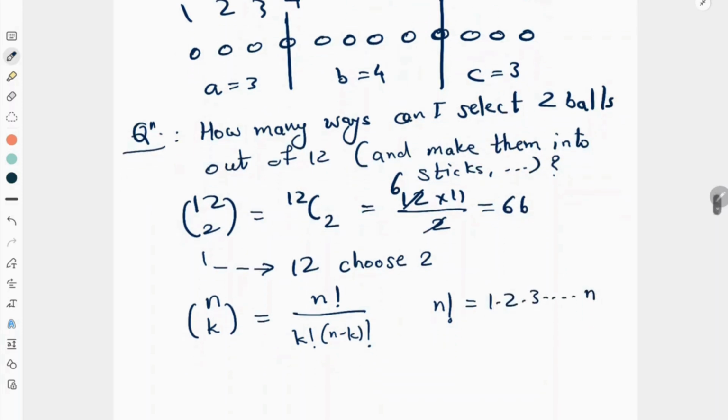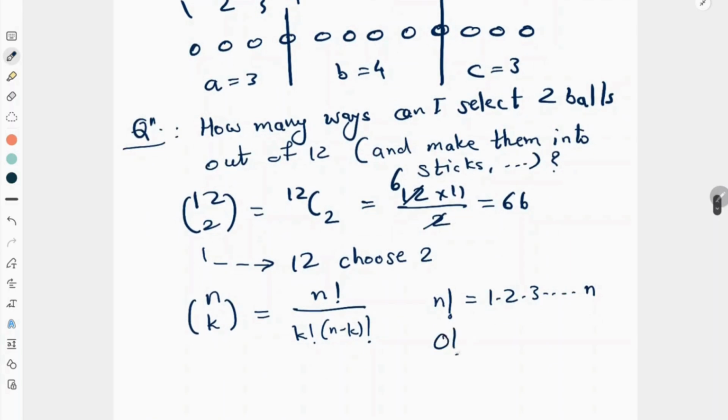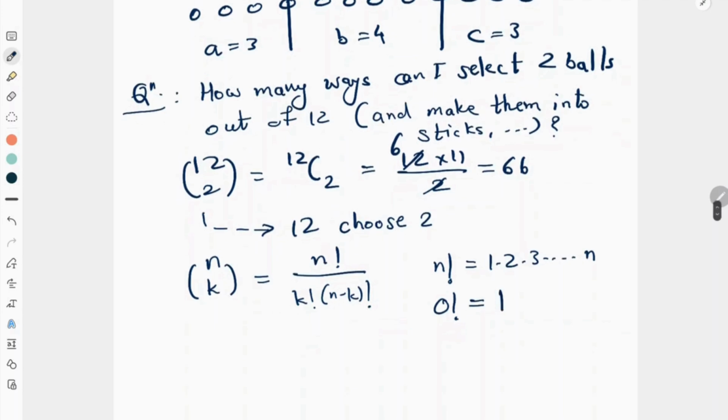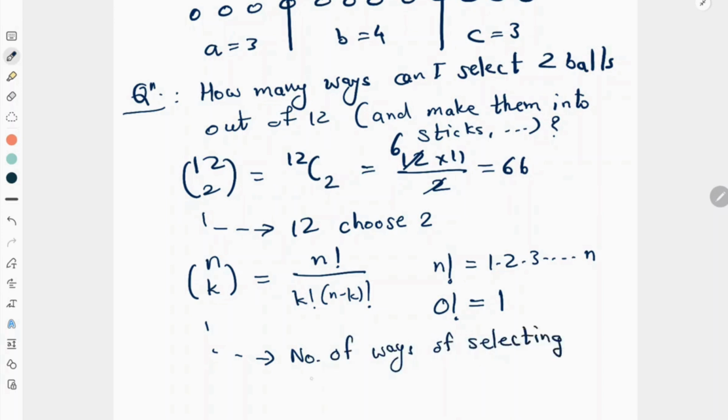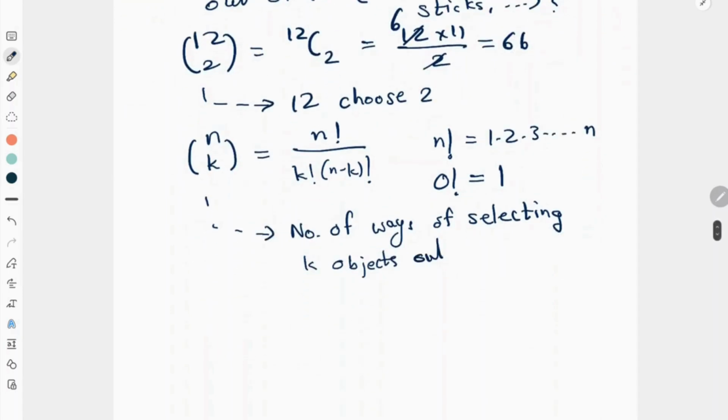This is the product of the first n numbers, where we can formally show, or you can take my word for it, that 0 factorial is equal to 1. So this is the number of ways of selecting k objects out of n.